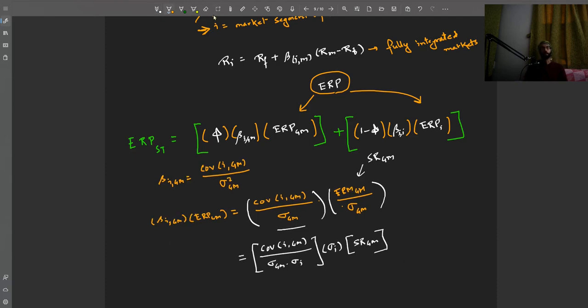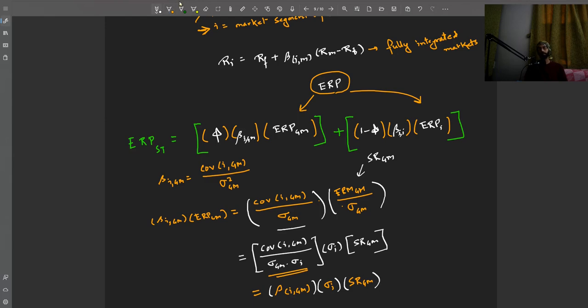We are just dealing with the first expression here, friends. Look at this. This becomes equal to, in these three expressions, the first expression is actually the correlation between I and the global markets, multiplied by the standard deviation of the market segment, multiplied by the Sharpe ratio of the global markets.